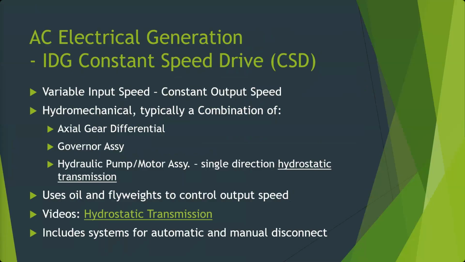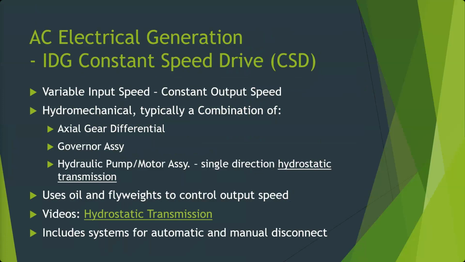Okay, so the governor in these is flyweight based, and it's going to control that output speed. If it's in an overspeed condition, it's going to slow down the output. The flyweights are connected to the output side. So if the output's turning a little too fast because the engine's sped up, the flyweights are going to go out. That's going to port fluid in the hydrostatic system to slow the output down until it gets back to that on-speed condition.